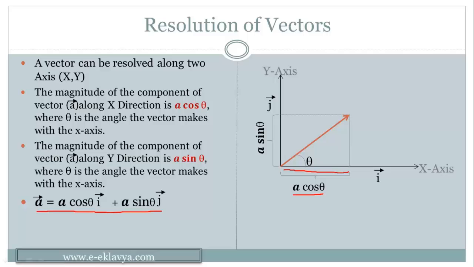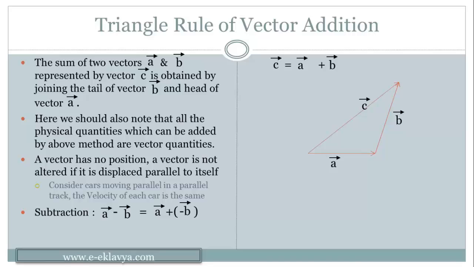Okay, let us move forward. As I was saying earlier about addition of vectors, now we will learn about another rule of vector addition, which is called the triangle rule of vector addition.